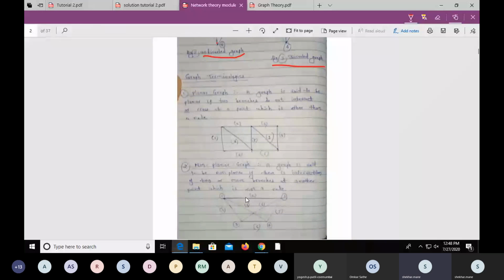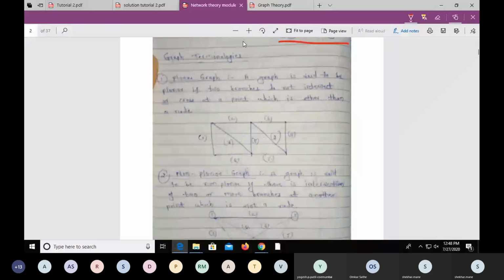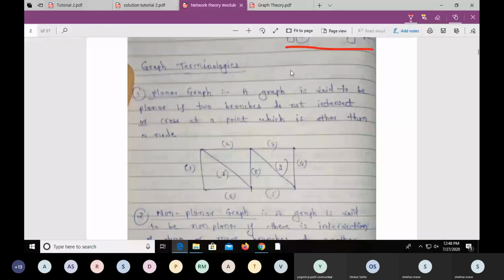Now next is graph terminologies. See, first is planar graph. A graph is said to be planar if two branches do not intersect or cross at a point which is other than node.